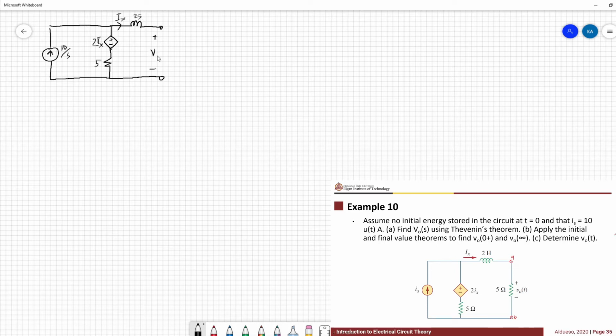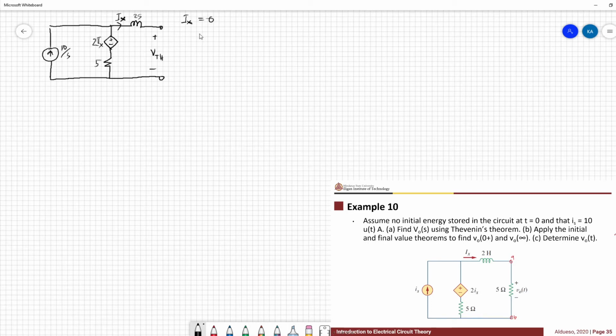This is our VTH. Now since this is open, our Ix is equivalent to 0. So meaning this dependent voltage source, if this is 0, is just as good as a short circuit.